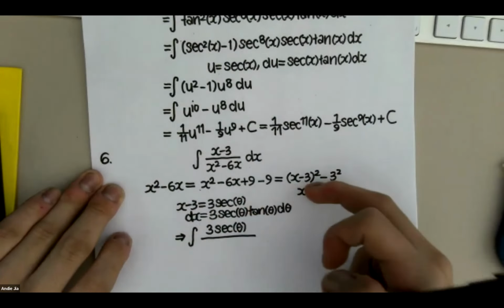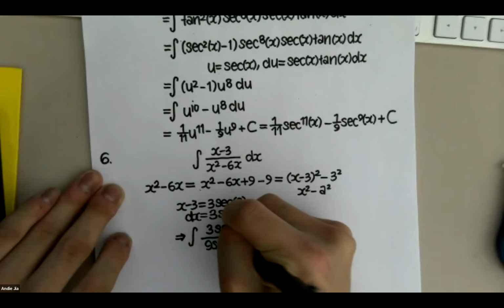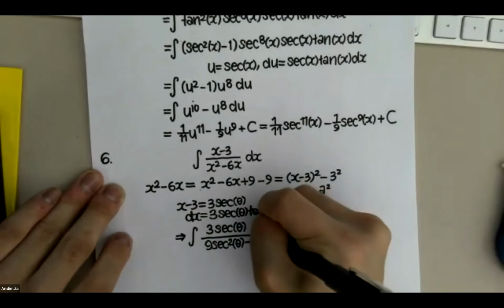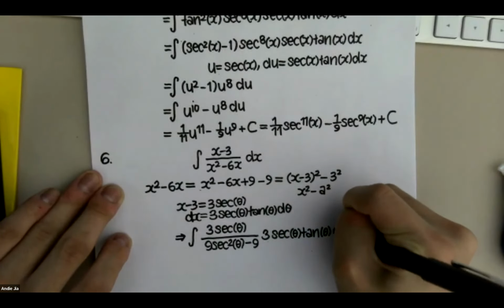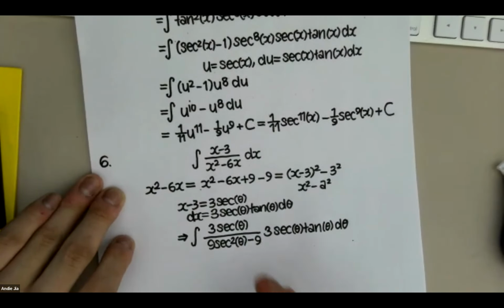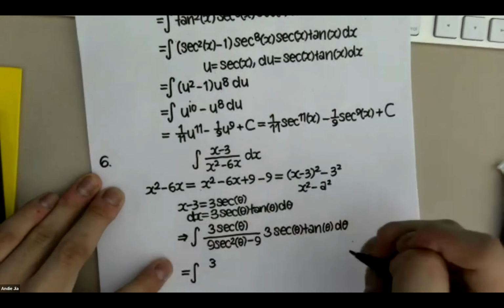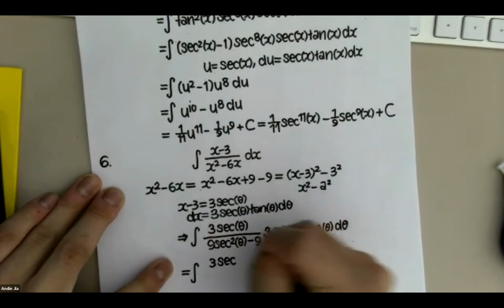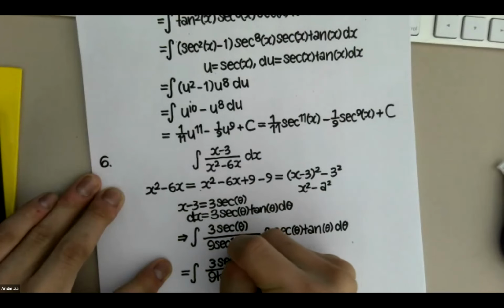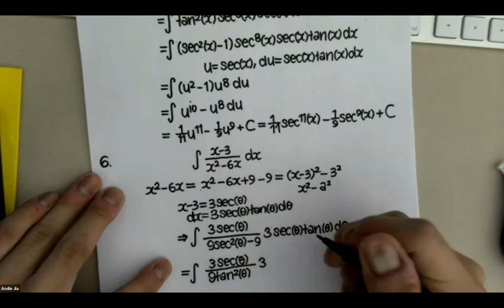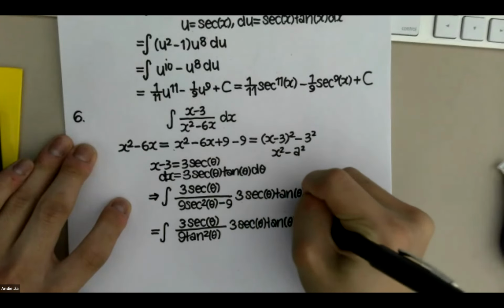The denominator is going to be 9 secant squared minus 9, so 9 tangent squared theta, times 3 secant theta tangent theta.